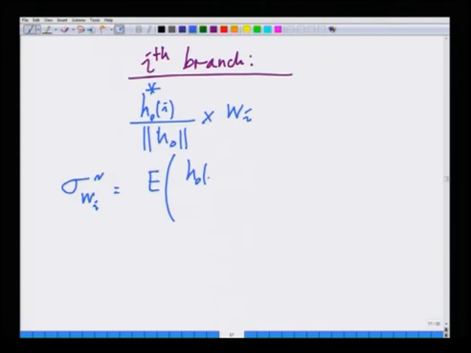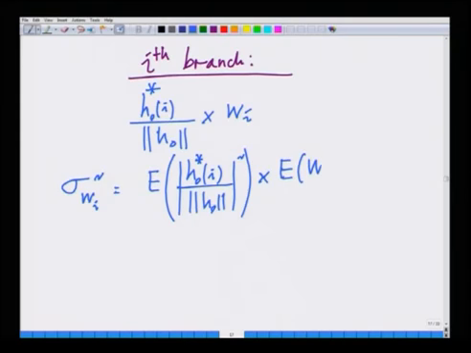h_0i conjugate divided by magnitude h_0, magnitude square, times expected magnitude w_i square, which is nothing but the power in the noise.